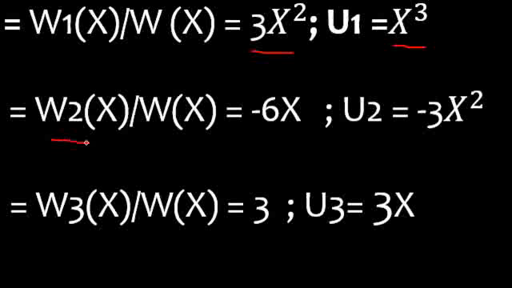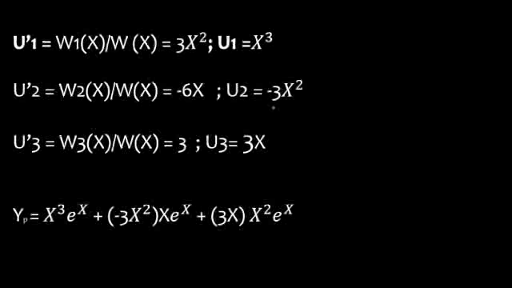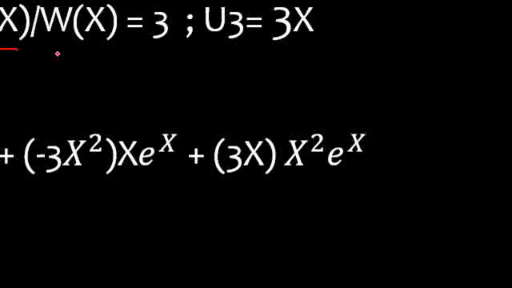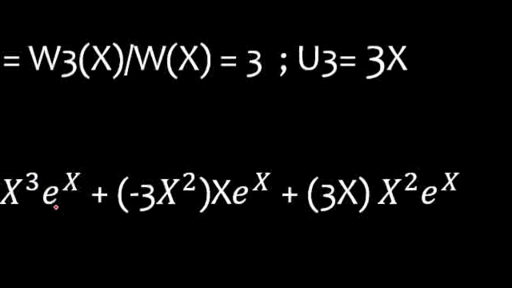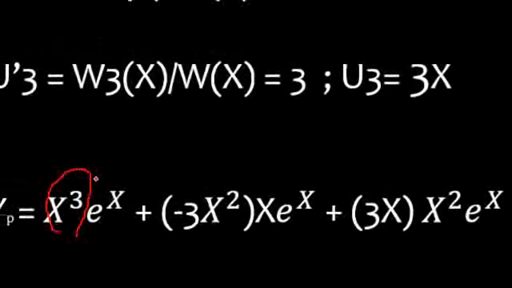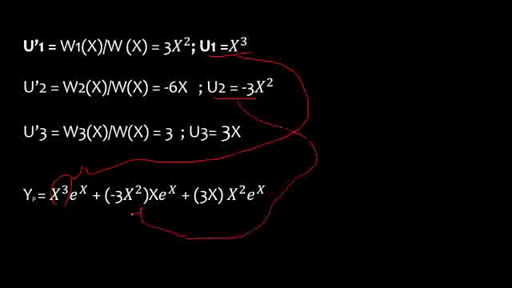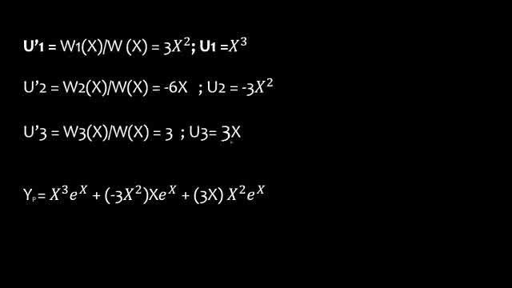After that, we proceed to find u1'. Since we have this formula, u1' is equal to W1 over W. We found that this is our value, 3x squared, and after integrating, this is equal to x cubed. And u2' is equal to W2 over W, and we found this is our value; after integrating, this will be the result. For W3 over W, this is our result, and after integrating, we have 3x. We now have the particular solution because this is our u1, which we already found, this is our u2, and this is our u3.